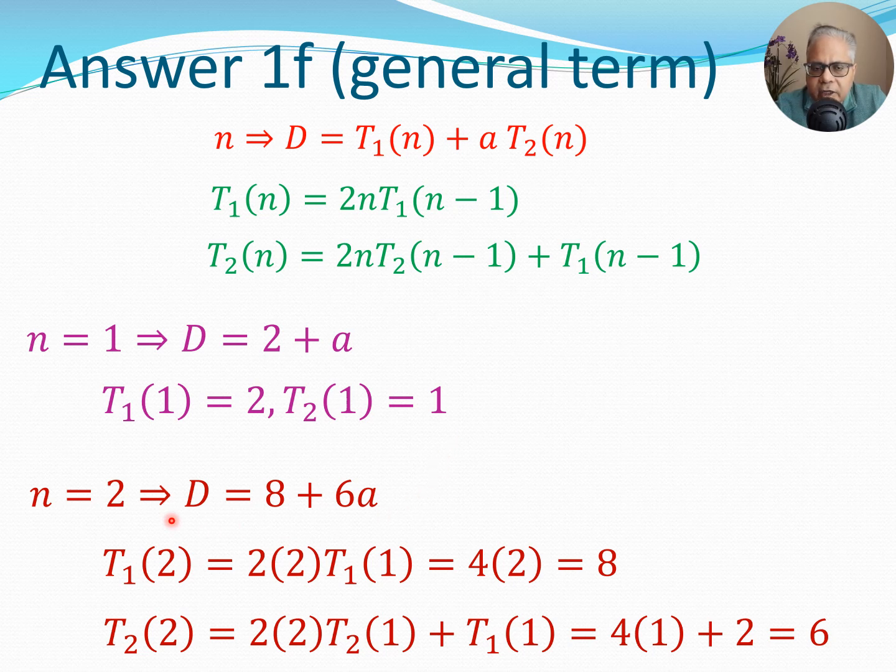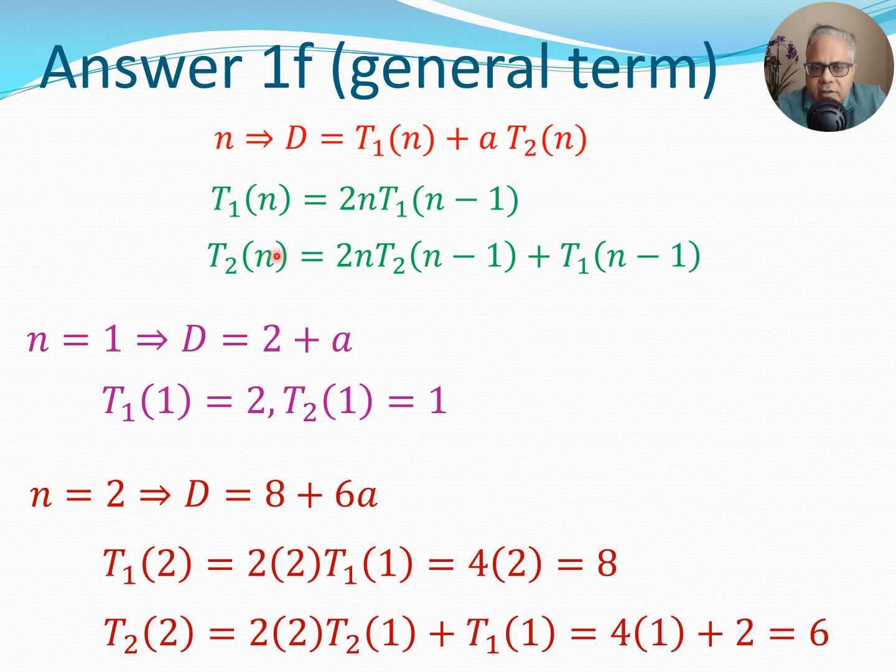So when I put n is 2, I of course have from my hand calculation that d is 8 plus 6a. So here what would happen is that T12 would be obtained in this manner. From this formula for T1n, I get T12 is 2 into 2 into T11, and then 4 into 2 is 8.